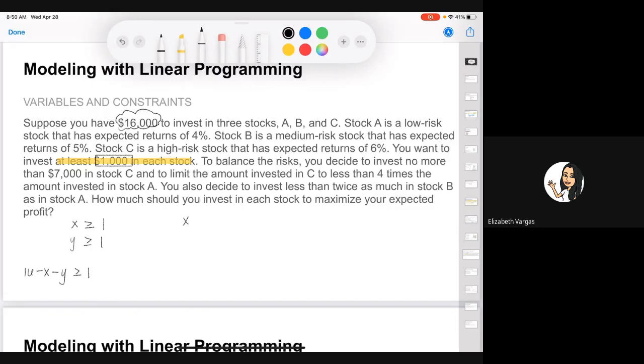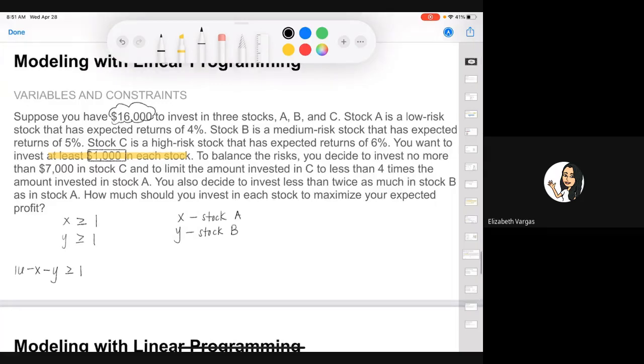X again represents that of stock A. So how much I've invested in stock A. Y represents stock B, how much I've invested in stock B. And 16 minus X minus Y would represent the amount in stock C. And the reason I'm writing this as 1 and 16 just to simplify it, but it is in fact in thousands.